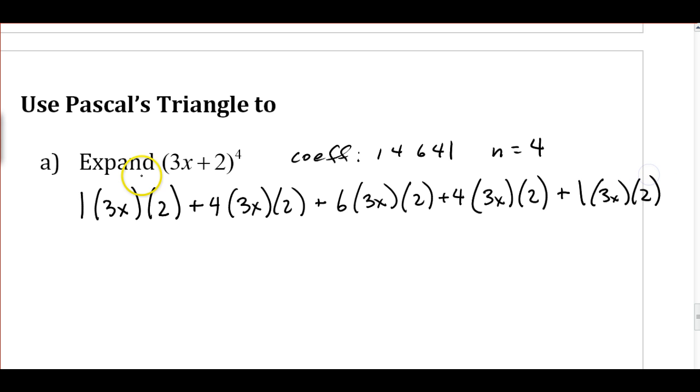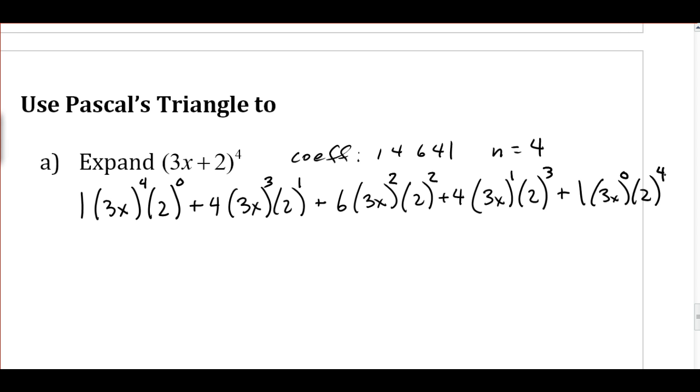So I know we're going to start with my value of n here, so that's going to be 4 and 0, because my exponents always have to add up to 4, and then we're going to decrease for the first variable, so that's going to be a 3, and increase for the second one, and a 1, and then 2, 2, 1, 3, and then 0 and 4.